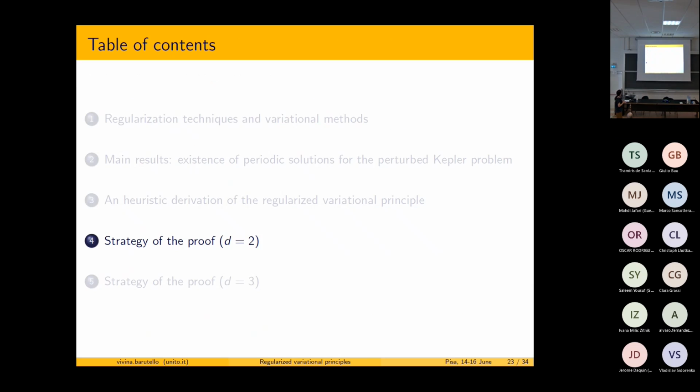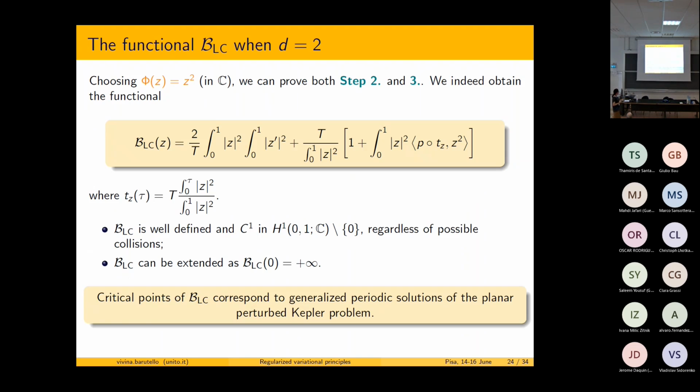I will talk about the bidimensional case, because this is the case where everything works. Okay. So in this case, you take the Levi-Civita transformation, the spatial Levi-Civita transformation, okay. And your new functional reads like this.